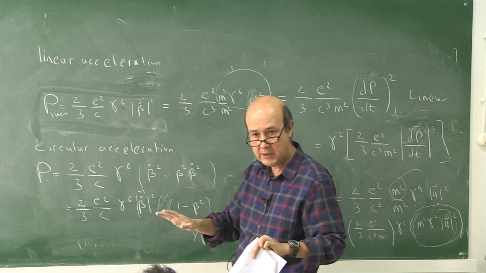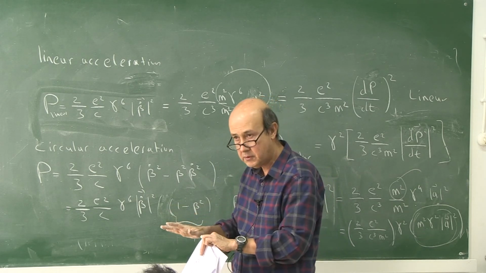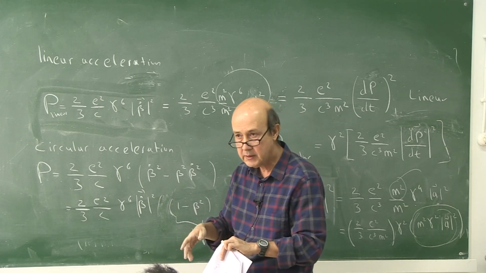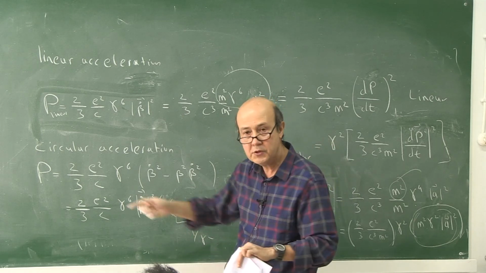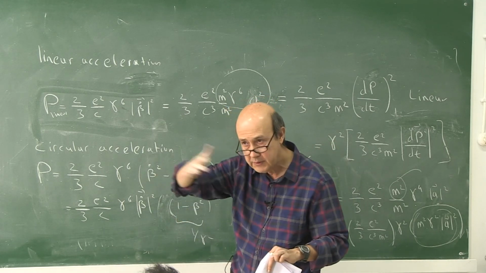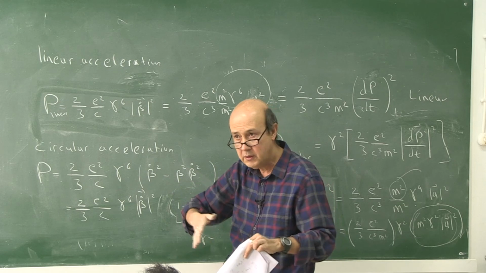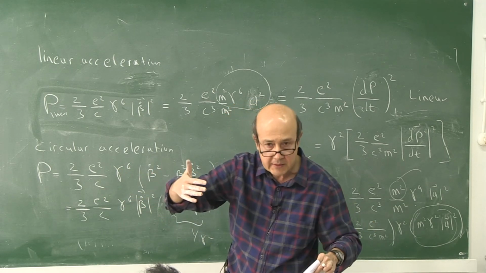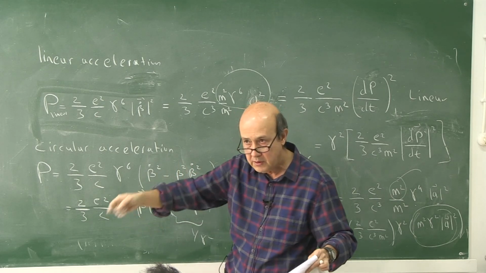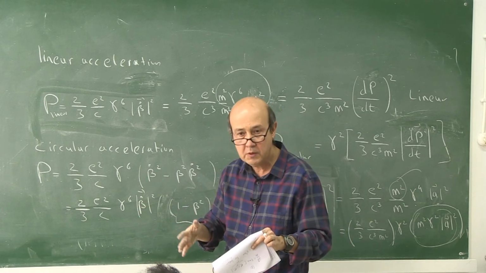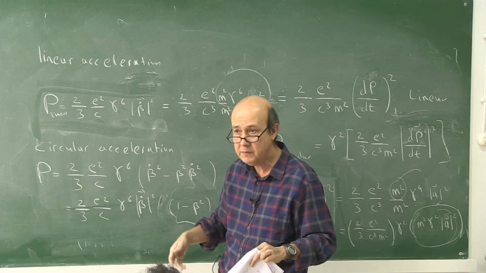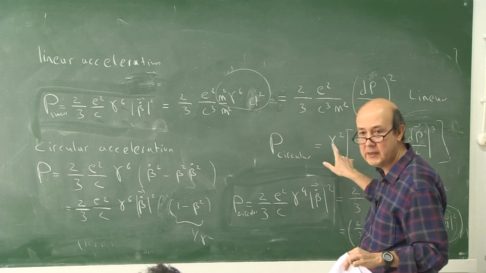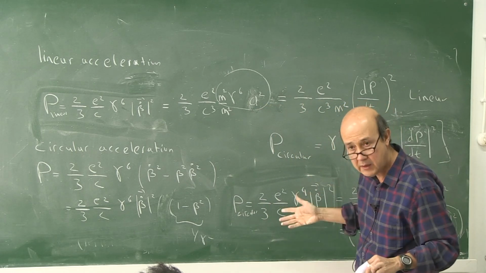If you accelerate a charged particle applying a constant force, linear and circular, the emitted power is increased by a gamma square in the circular one. That is the reason in the accelerators, like in CERN, the radii are huge. They try to make piecewise linear acceleration, actually. If you choose the radius small, there will be power loss, and this power loss will increase with gamma square. If gamma is 10, that will be 100.